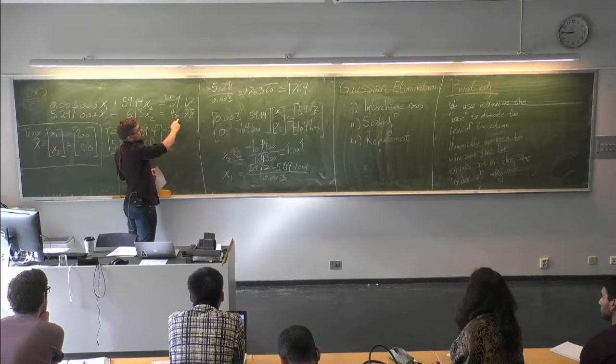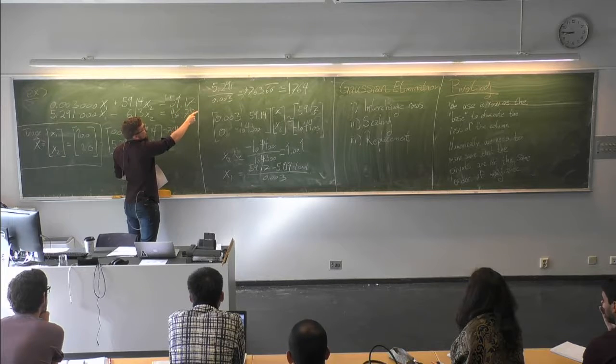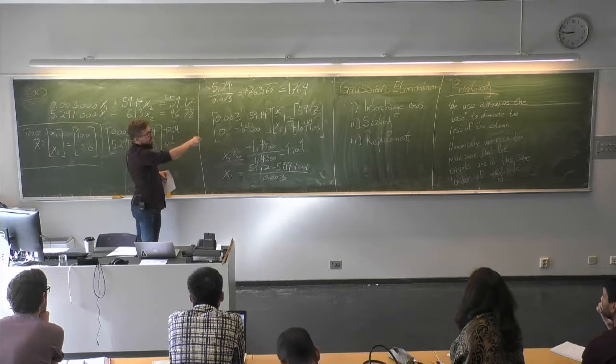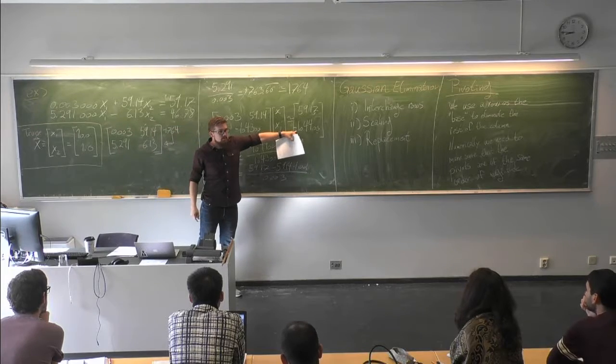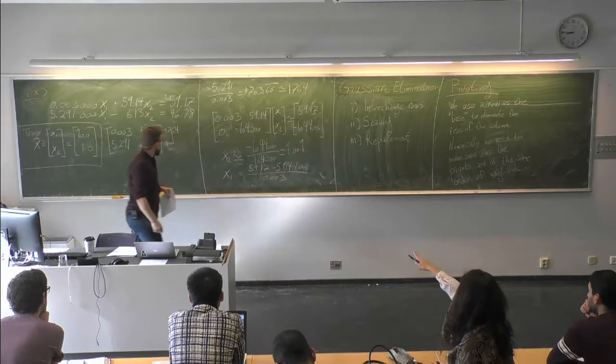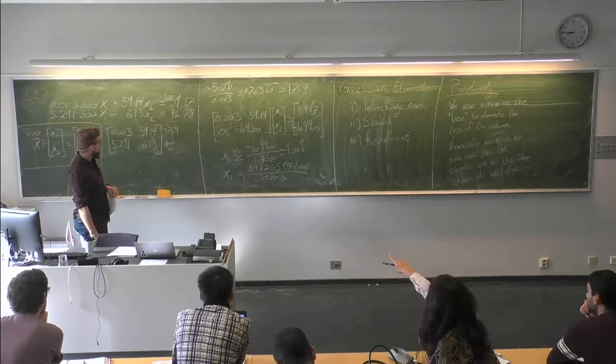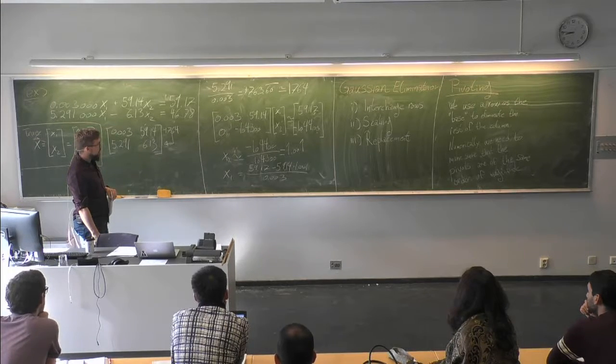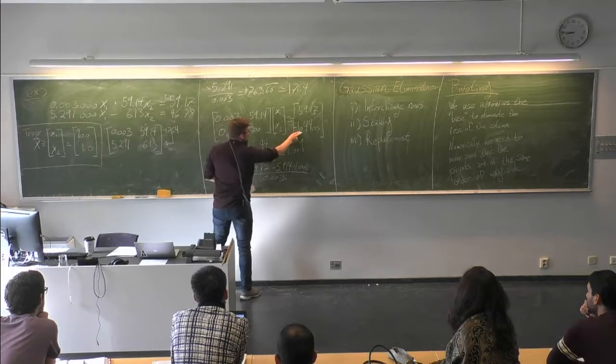We have 46.78 minus 59.17 times 1764. So that's going to be approximately this number.